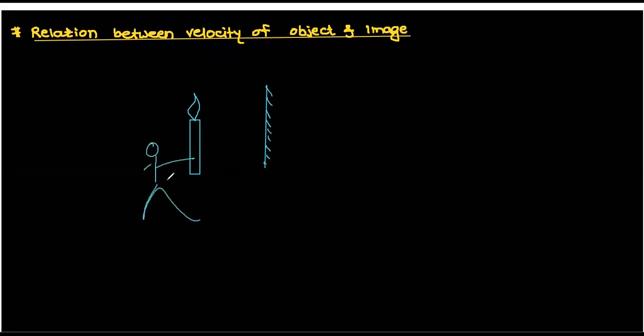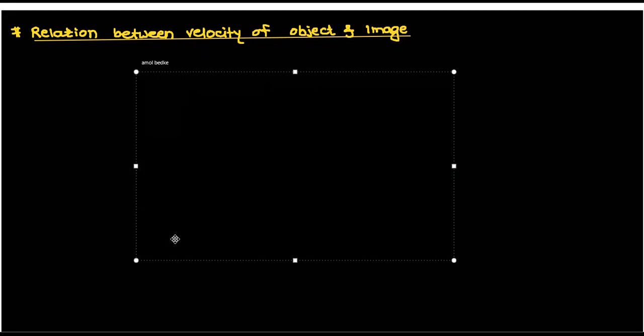Take it in your hand and try to move it upwards as well as this side also. Observe how the image is forming and moving in this direction as well as this direction, at your home. You will understand very nicely how things change, and how we can find out the velocity also.